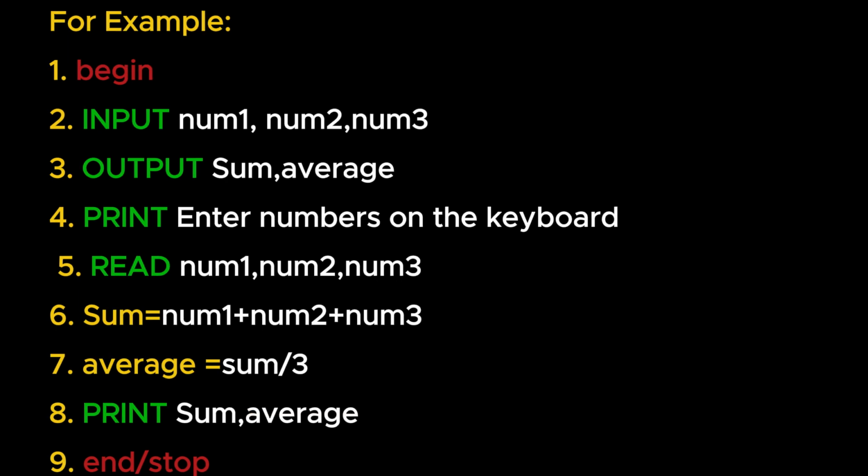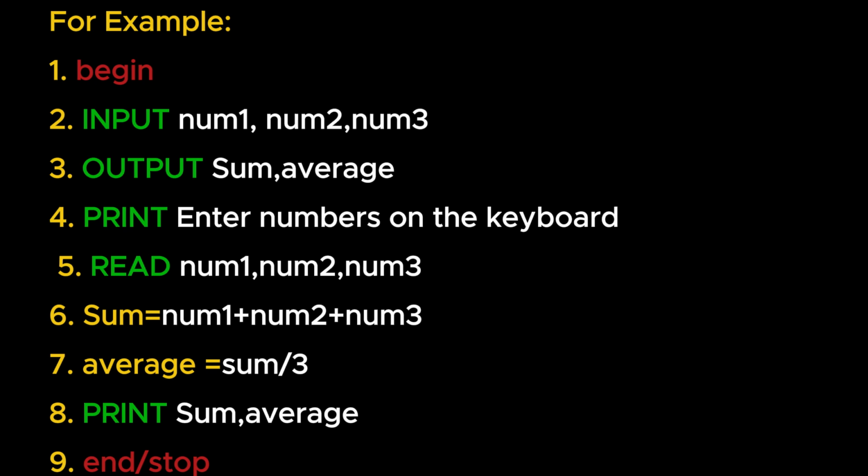Let's see an example of a simple algorithm. This algorithm is designed to print the sum of three numbers and the average of those numbers. So as we have told, the algorithm must start with the begin keyword. Begin. Then to represent input variables, we use the input keyword.